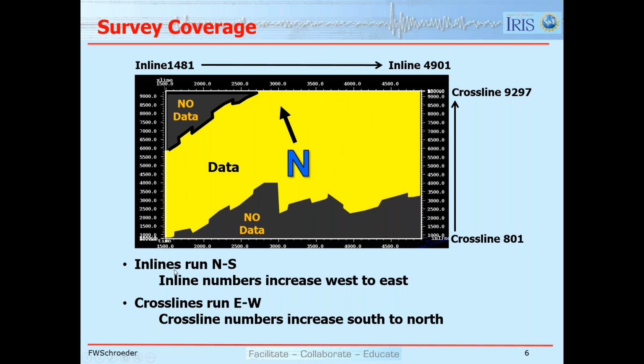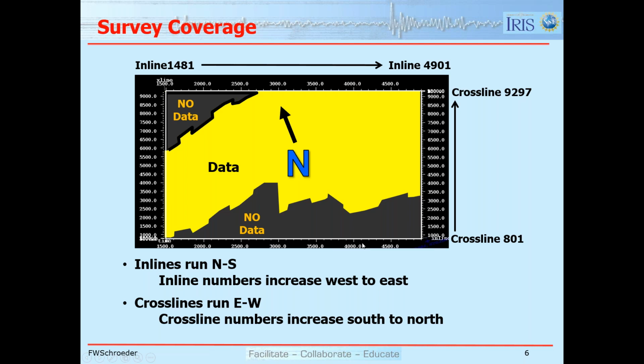For this data set, the inlines, and that means the direction in which the boat sailed, north-south, south-north, north-south, those run north-south, and the smaller inline numbers are on the west and they increase. So there's 1500, 2000, 2500. So the numbers increase as we move to the east.